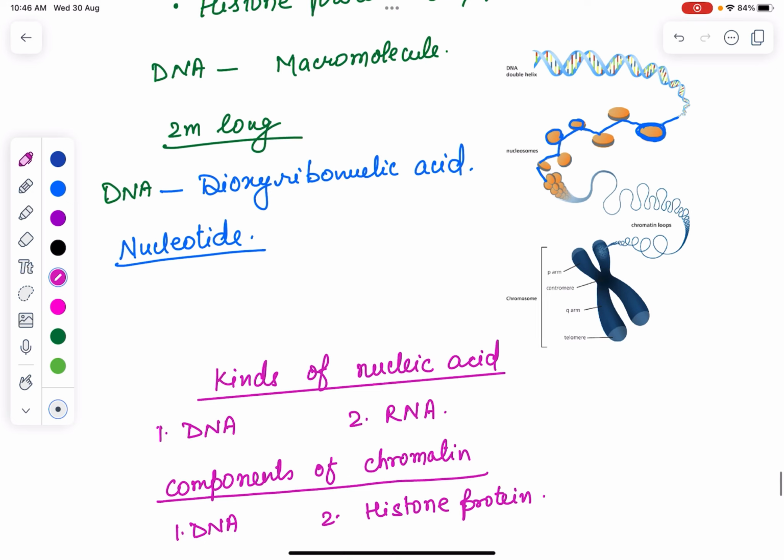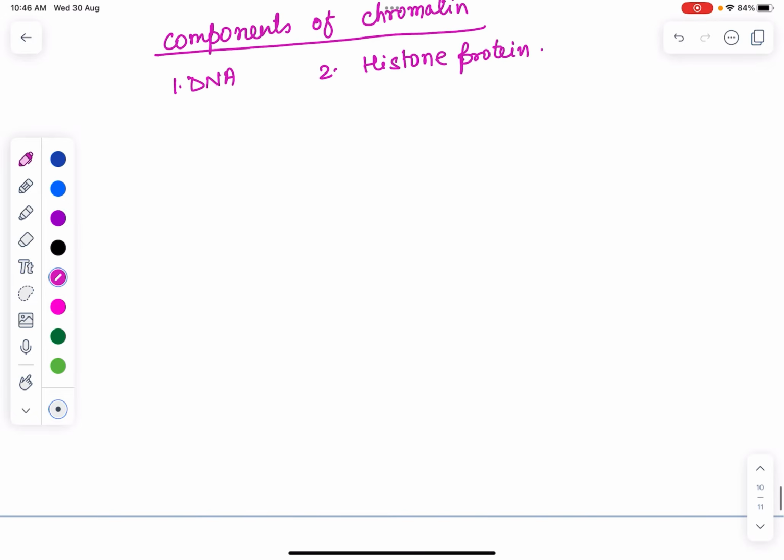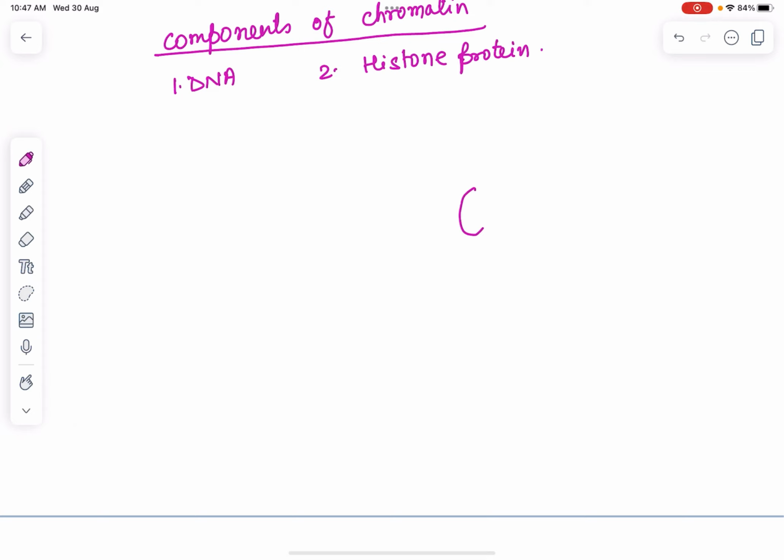These histones are organized to form a unit of 8 protein subunits to form a histone octamer. What is octamer? Means 8 histone proteins will be present. See, octamer, 8 proteins will be present, 4 we can see here. We can see 8 histone proteins coiled with DNA.